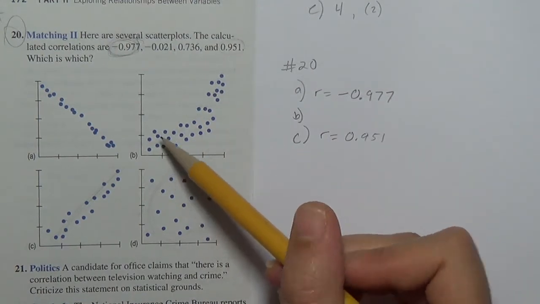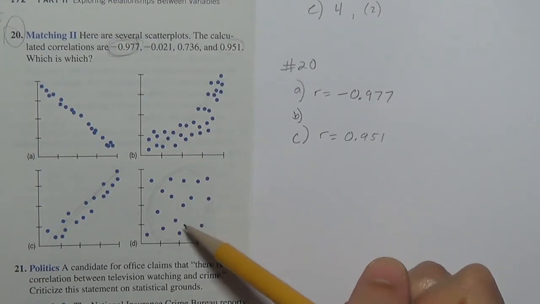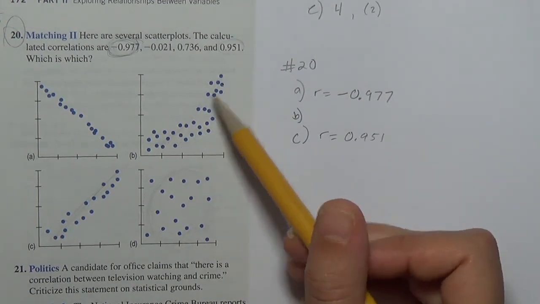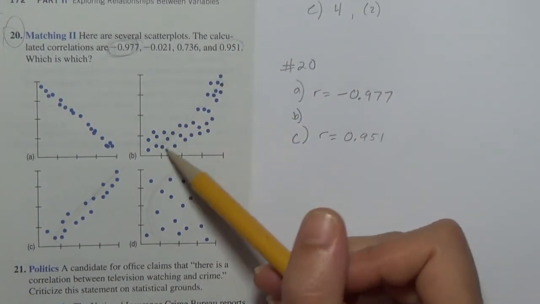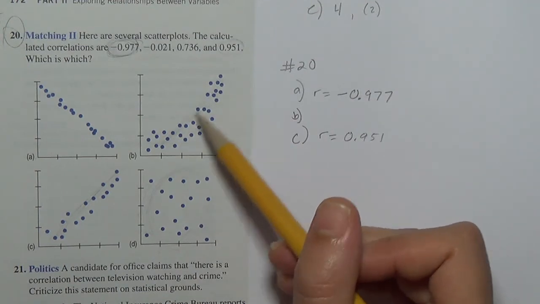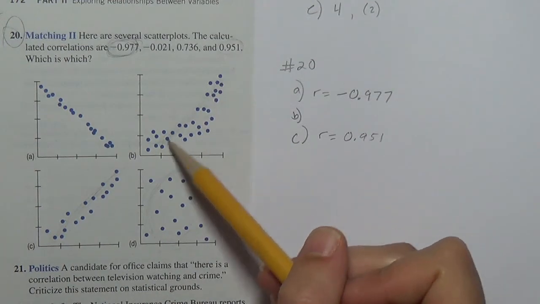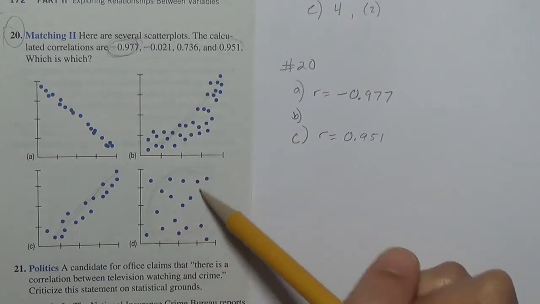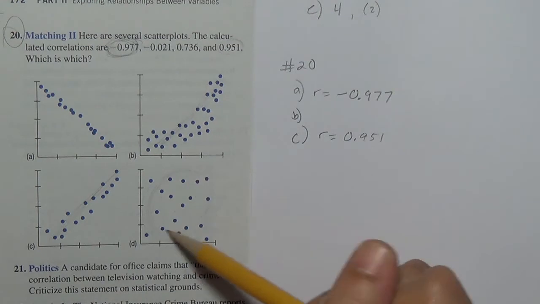It's more linear than this one, so its value of r should be closer to a positive 1 because it's increasing as we move left to right, so positive. But its value should be closer to 1 than this one would be, and this one should be very close to 0 because there's no pattern.